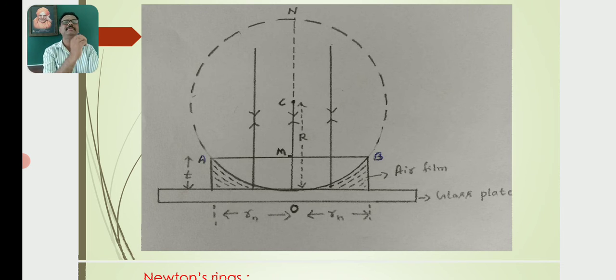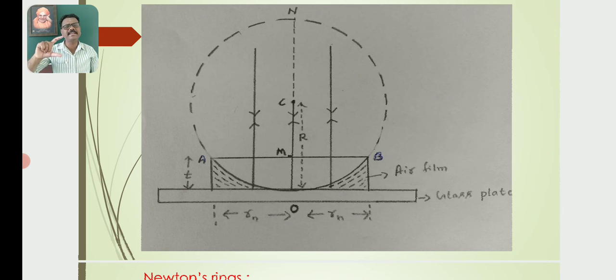Now you see the diagram. There is a glass plate, and a plano-convex lens is placed with its curved surface on the glass plate. Then the air film is formed between the upper surface of the glass plate and the lower surface of the convex lens, where the thickness of the air film increases gradually from the center to the edges of the lens.